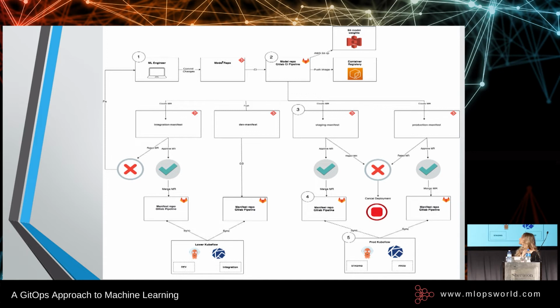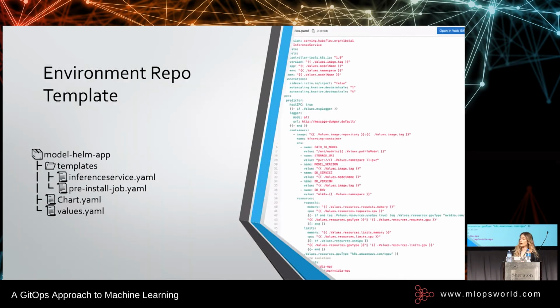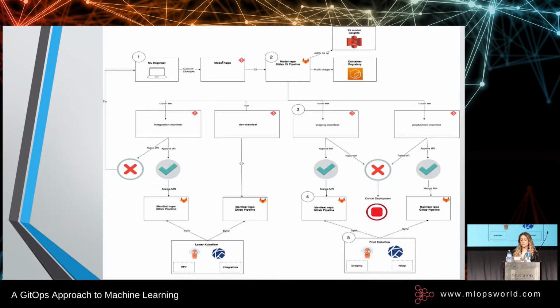Once approved, the stakeholder merges the merge request, and that is step number 4. And then Argo CD syncs the actual state of the model to the new state, and that is in step number 5. And if the merge request is not approved, the stakeholder could simply close the merge request to cancel the deployment.